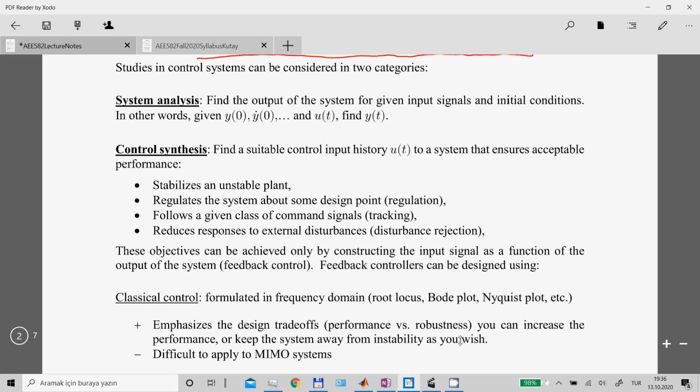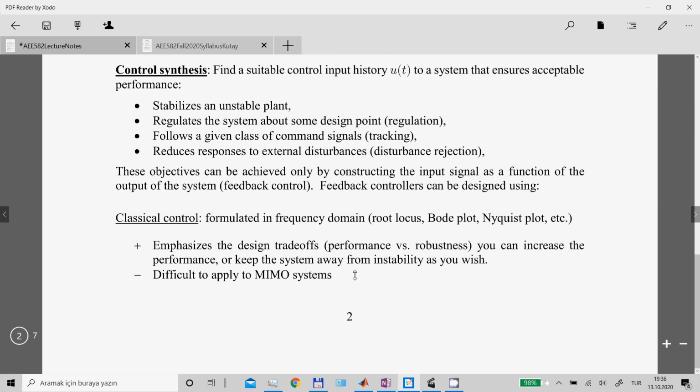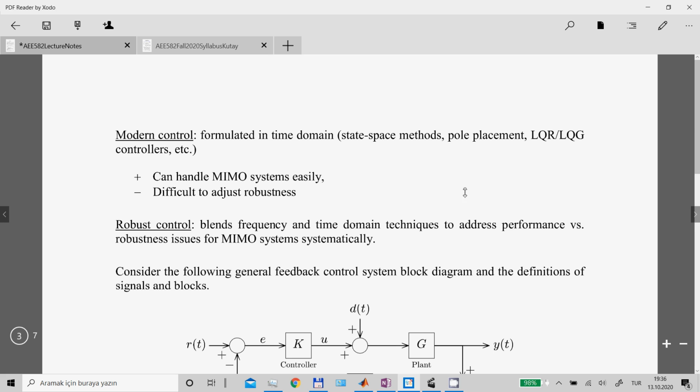And with computers, obviously, numerical solutions are easy. That way, multi-input, multi-output systems could be studied in time domain directly using numerical methods. Those approaches are called modern control in general.